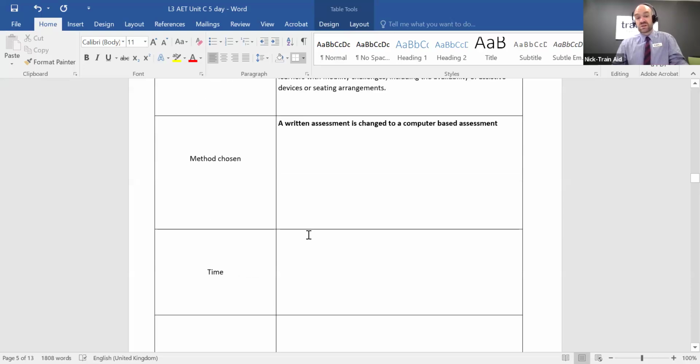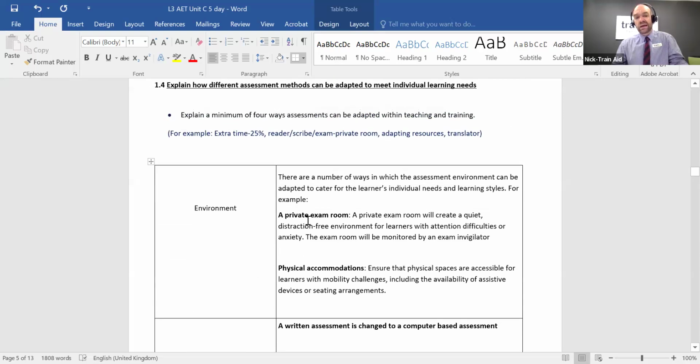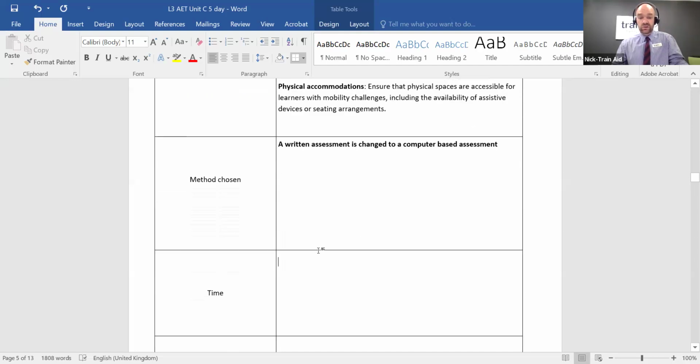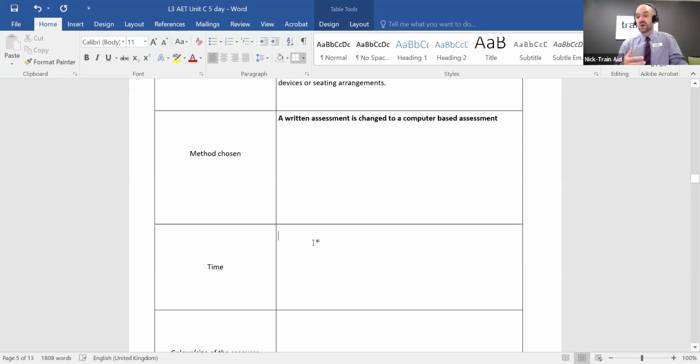Time. So as mentioned before, awarding bodies are really supportive nowadays. If a learner has disclosed they have particular needs, such as dyslexia, they perhaps just need more time to digest the information, and that's fair enough. So 25% extra time to be provided to a learner.